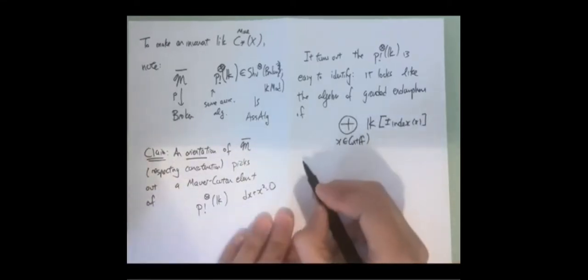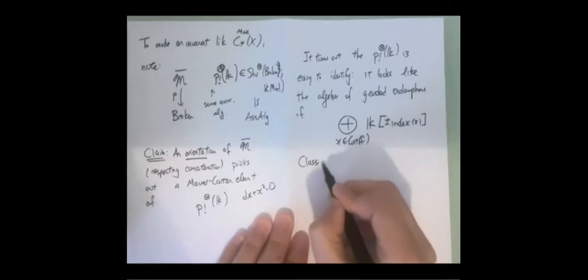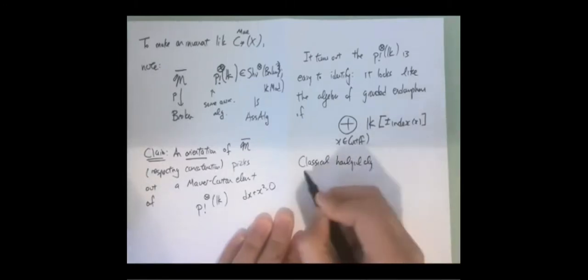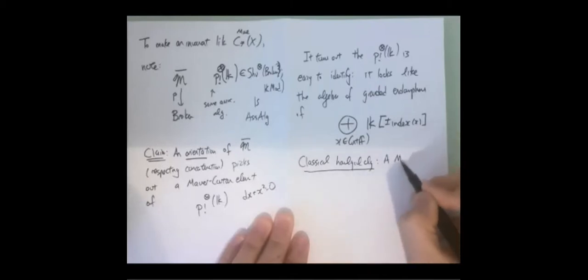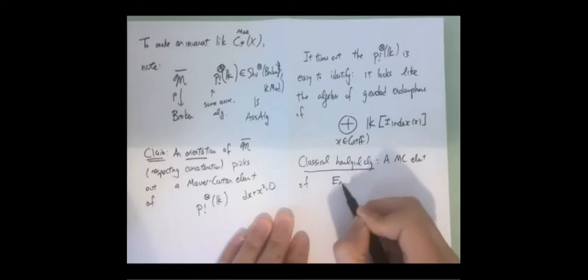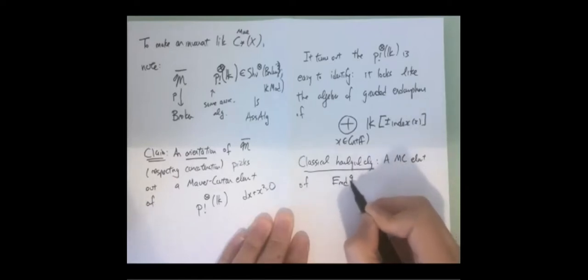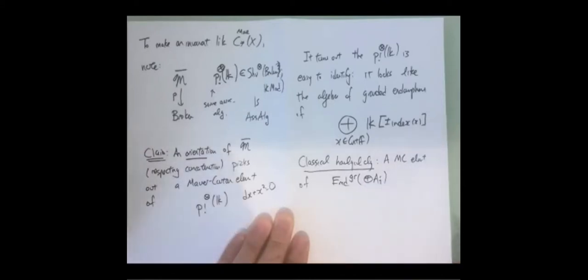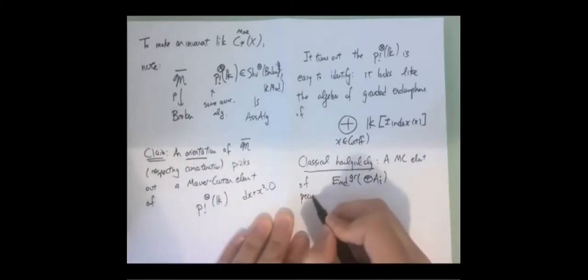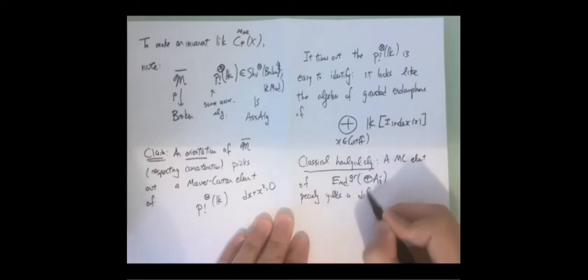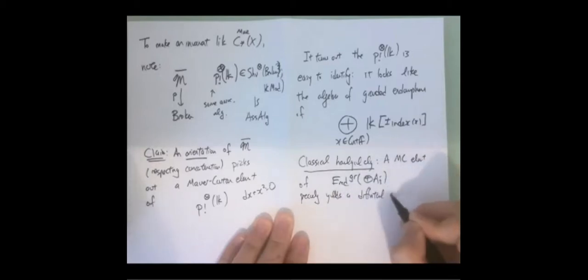So it's just classical homological algebra: a Maurer-Cartan element of graded endomorphisms of some direct sum of graded objects precisely yields a differential on this graded object.